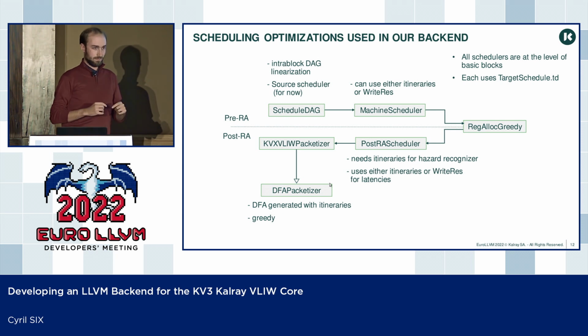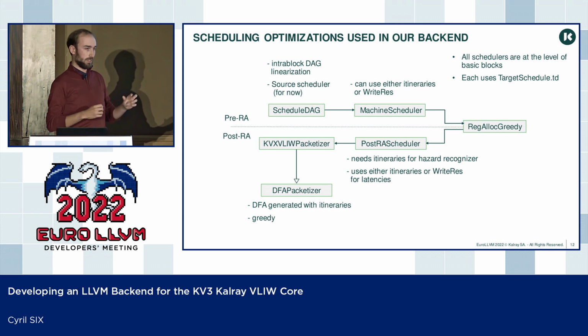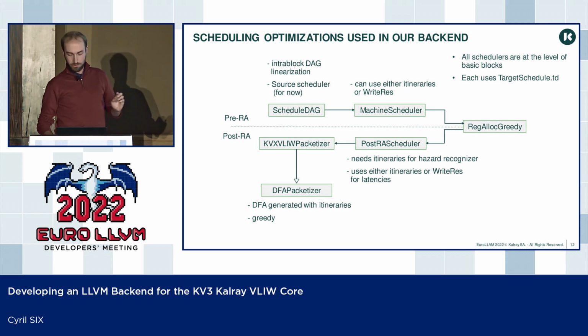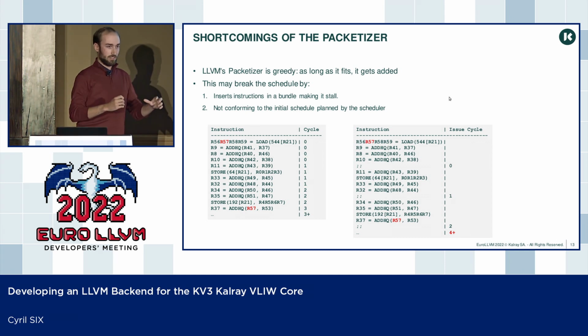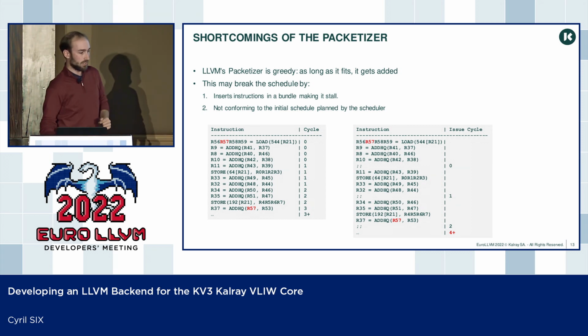So right now, the packetizer is the only solution that exists in LLVM for doing the bundling. And how it works is that it is greedy. As long as I can fit the resources in the bundle, the packetizer will put the instructions in the bundle.